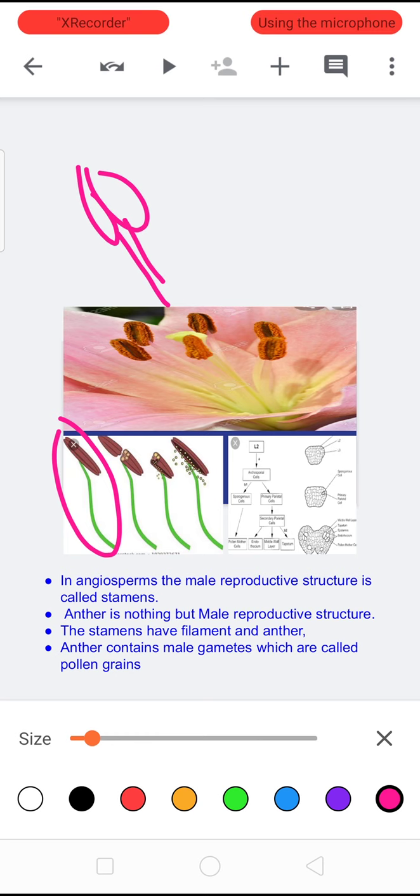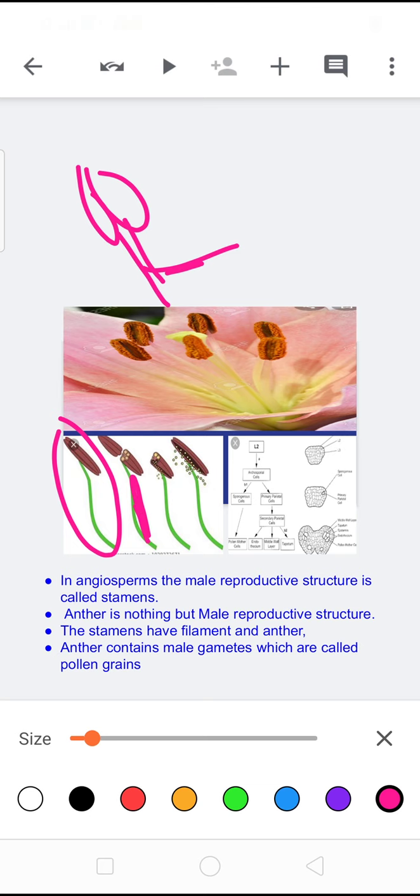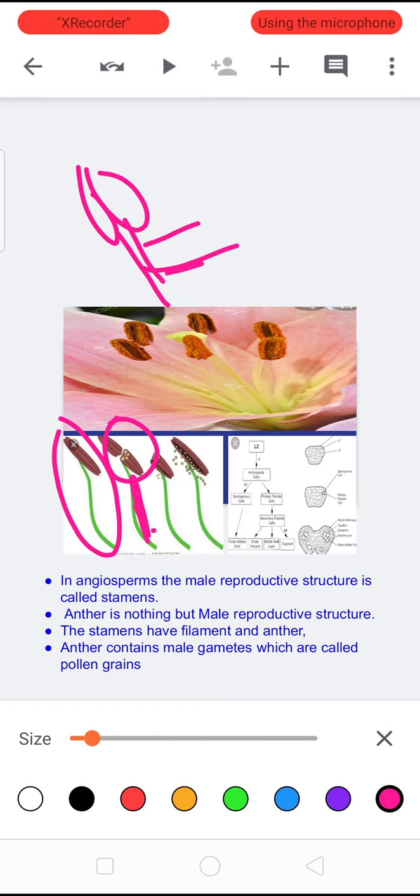The stamens have two main parts: the filament, the green colored part, and the anther. Anther is the male reproductive structure. Anther contains male gametes which are called pollen grains.